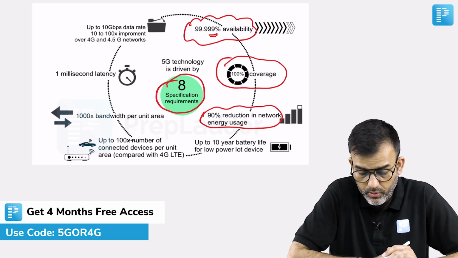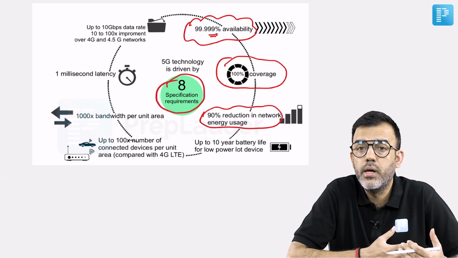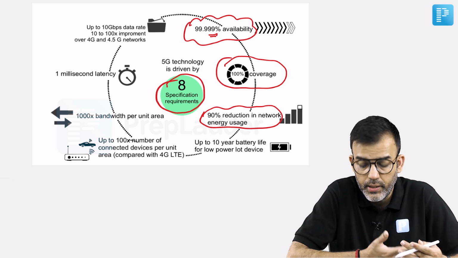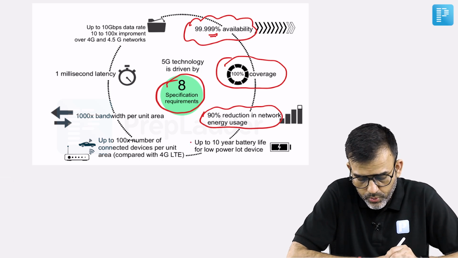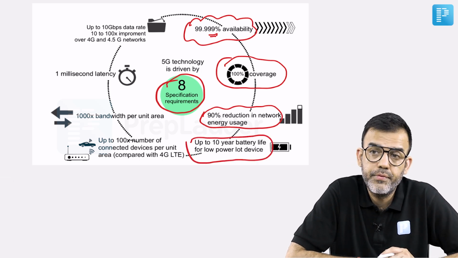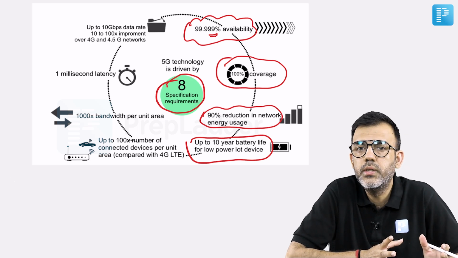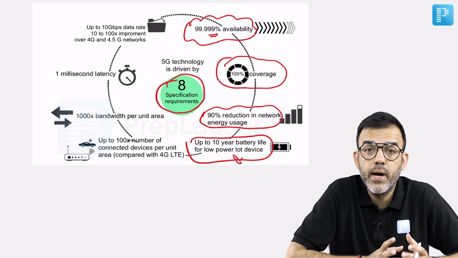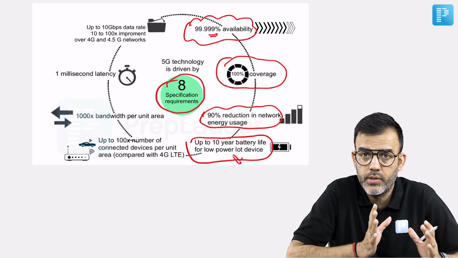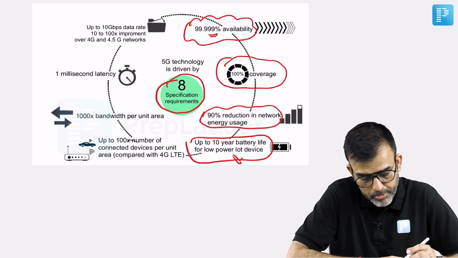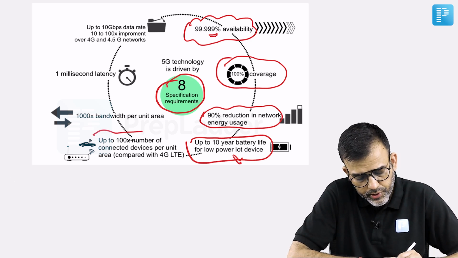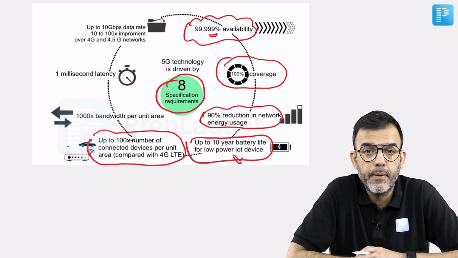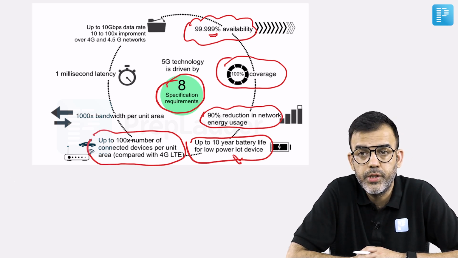So the energy usage in running the network components will also drastically reduce. Up to 10 years of battery life for low powered Internet of Things devices. So a better and improved battery life is something which is again associated with 5G. Up to 100x number of connected devices per unit area in comparison to 4G.